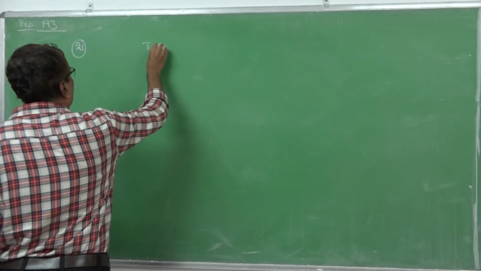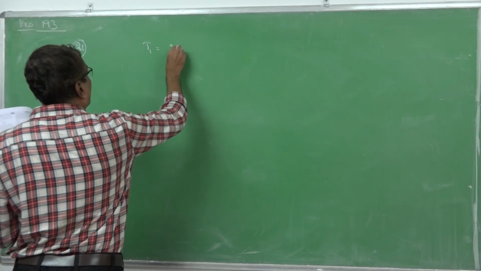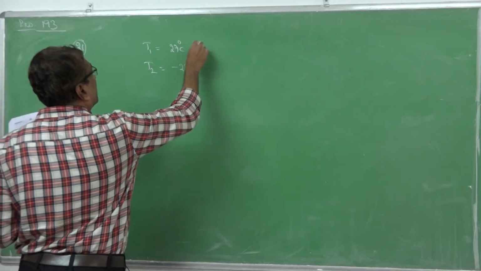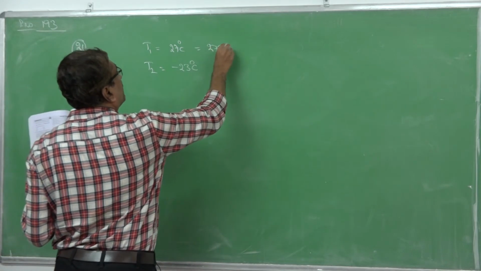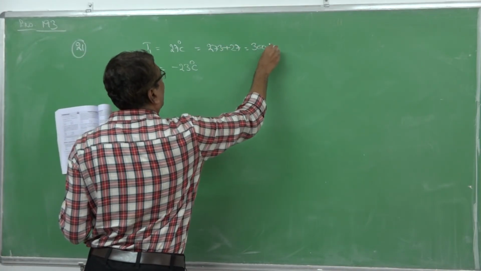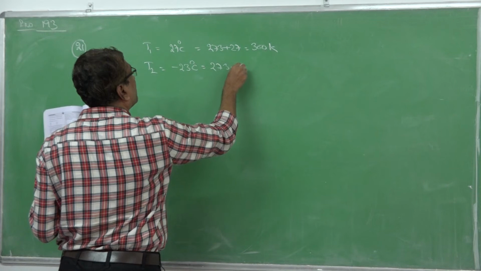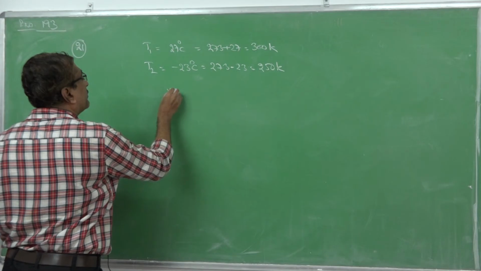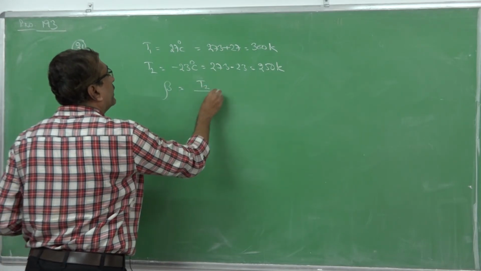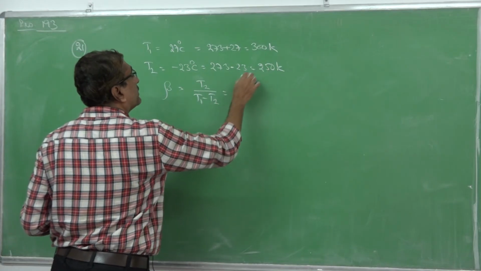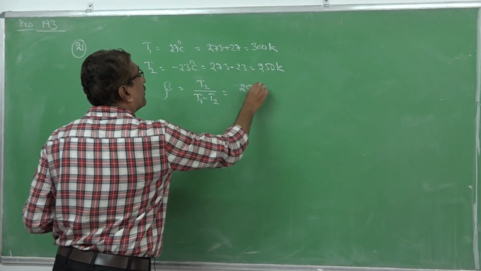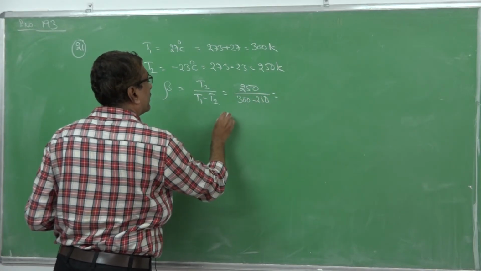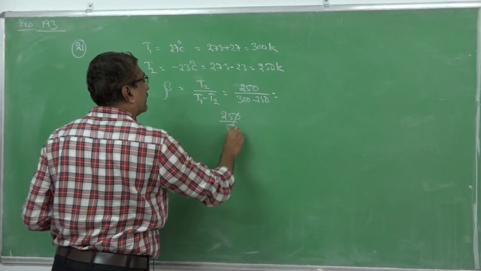Given T1 as 27 degrees centigrade and T2 as minus 23 degrees centigrade, that means T1 is 273 plus 27, that is 300 K, and T2 is 273 minus 23, that is 250 K. So the coefficient of performance of the refrigerator, beta, is T2 by T1 minus T2, that is 250 by 300 minus 250, that is 250 by 50, that is 5.